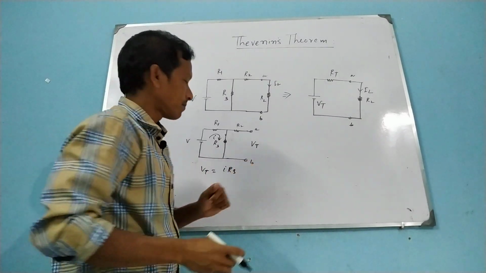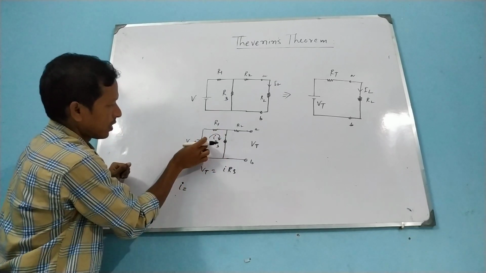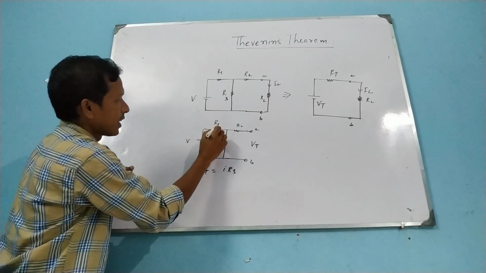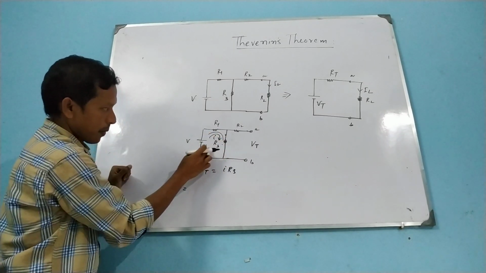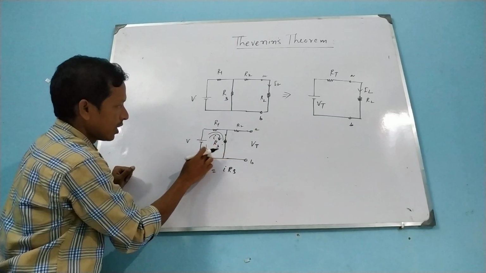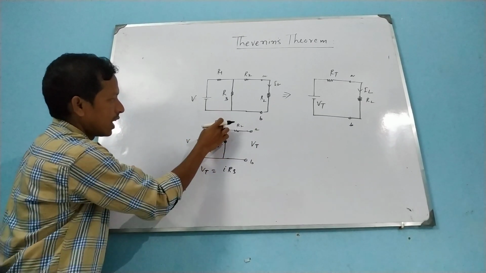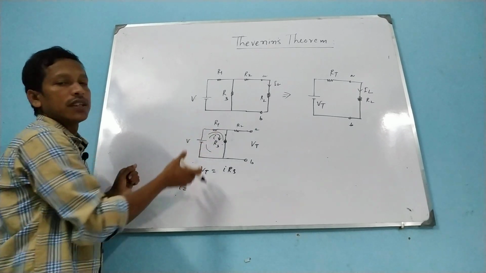What will be the value of I? Let us see. In the loop, the voltage source is V, and R1 and R3 are connected in series. If we move from the positive terminal of the battery to the negative terminal, we connect in a single path R1 and R3. So, R1 and R3 are connected in series in the circuit.